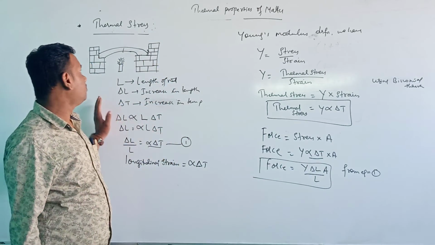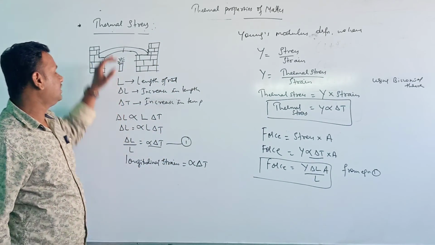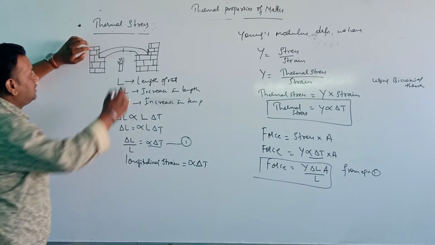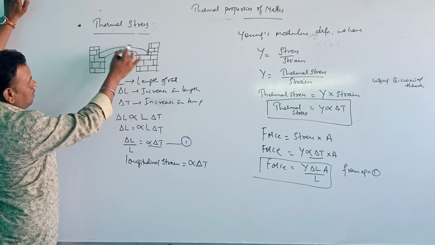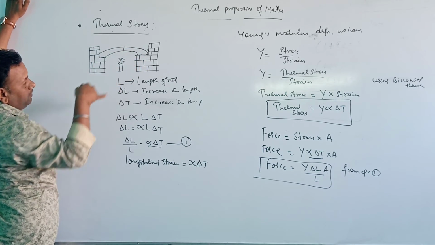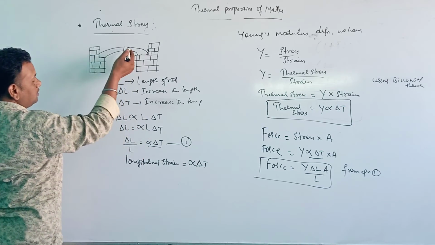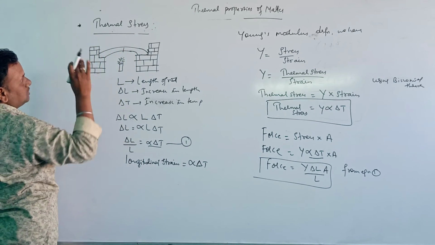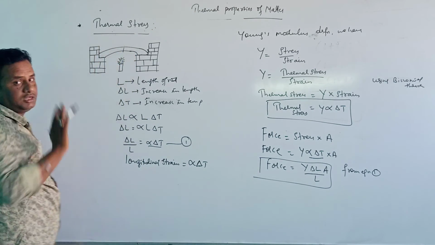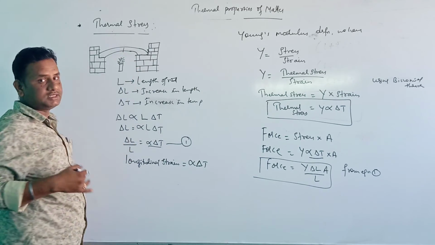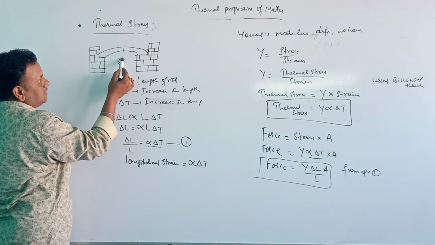Okay, so this is all about thermal stress. Here we have taken the metallic rod which is being heated. Because there is no space, this metallic rod will start to bend, and if it does not allow to bend, it will break down. Under some stress, that stress is called thermal stress. The stress goes on increasing because of rising temperature.